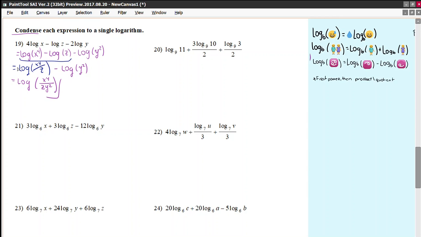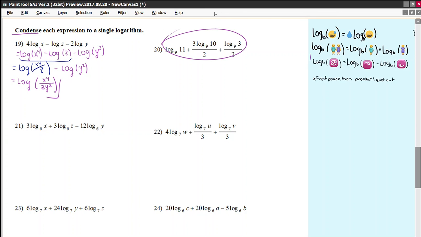So notice that I'm left with a single logarithm that doesn't have any number multiplying outside, and everything is inside the argument. So that's how we know we are done condensing or simplifying an expression.